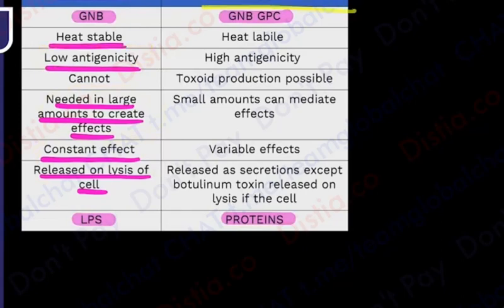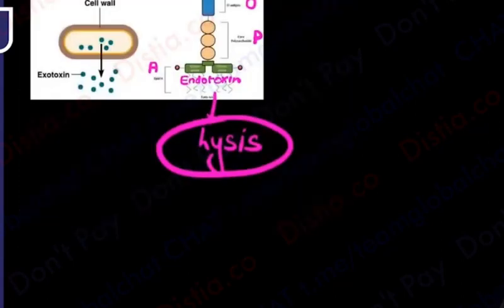Talking about exotoxin, everything is opposite. Exotoxin is going to be released as secretion. Have a look at that picture again. This was probably a gram-positive or a gram-negative organism, because exotoxin can come from anything, and you can see these molecules are just secreted. Exotoxin will just exit, is how I have learned it.